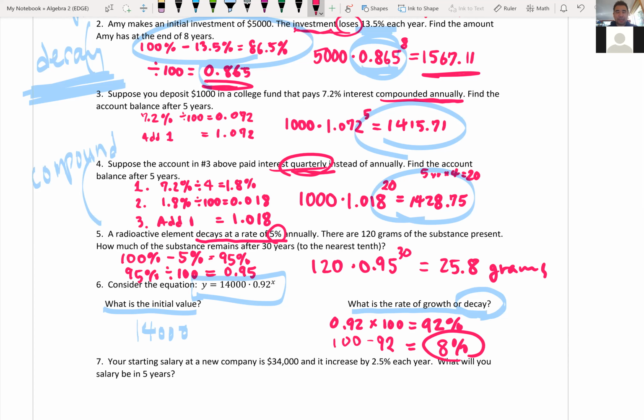So you're losing 8%. Does that make sense? When you take the test, you will definitely have 92% as one of the choices, but this will be 8% decay. Okay. Is everybody okay on that?